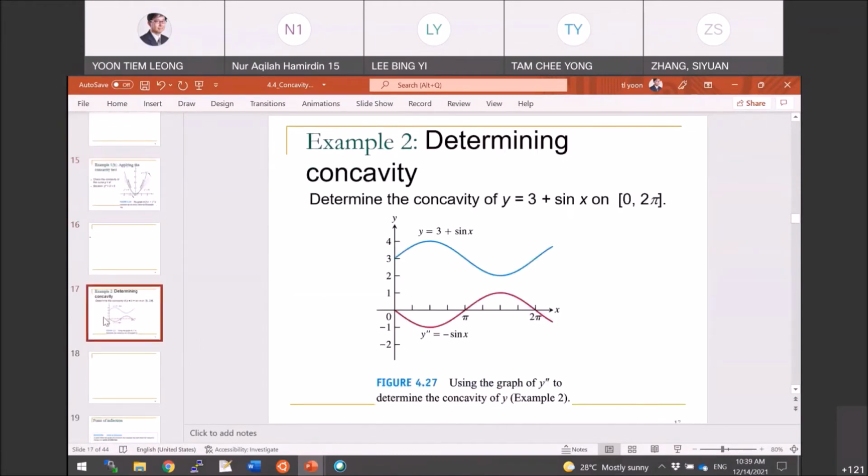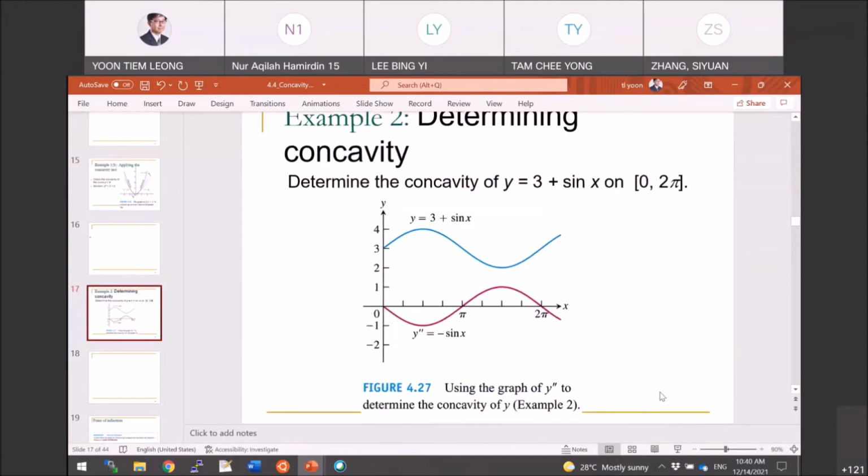Now for this kind of function, where y equals 3 plus sine x, you can easily take the derivative of the function. Let me try to draw something on this. So y prime is equal to cos x.